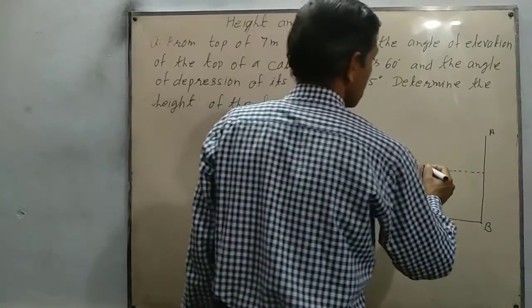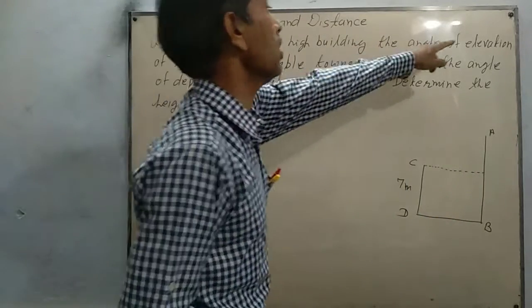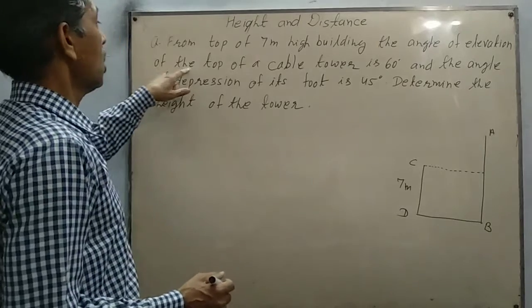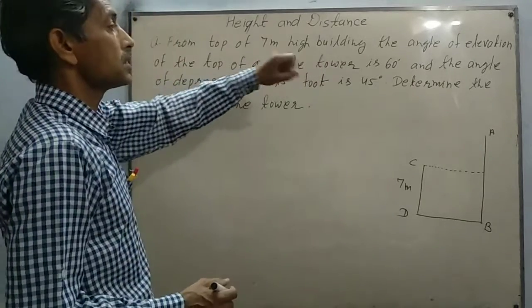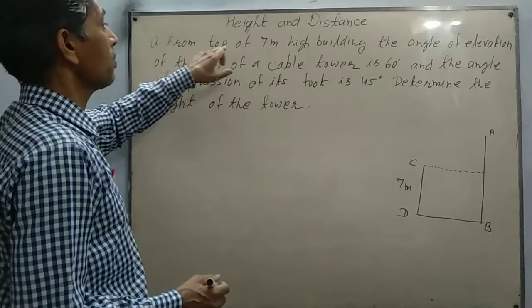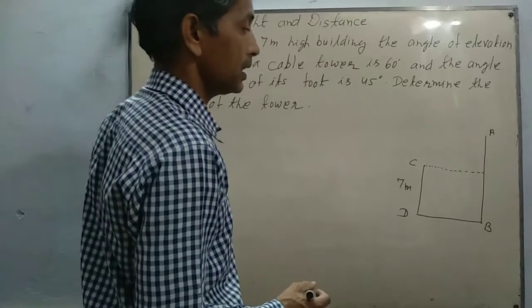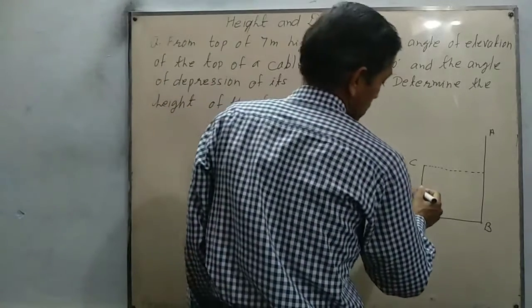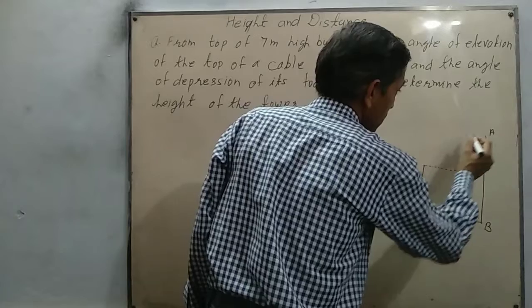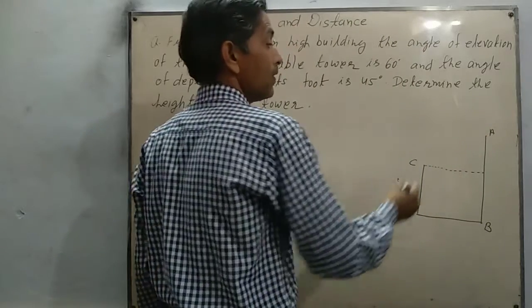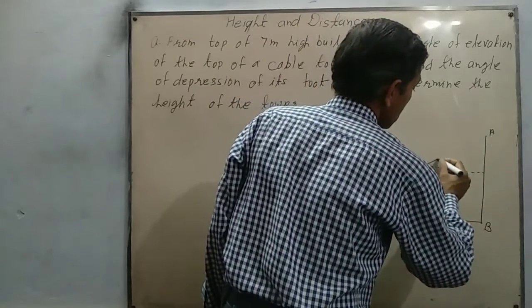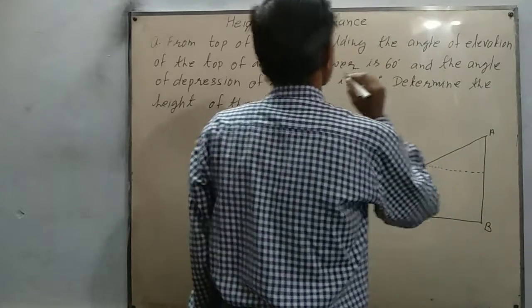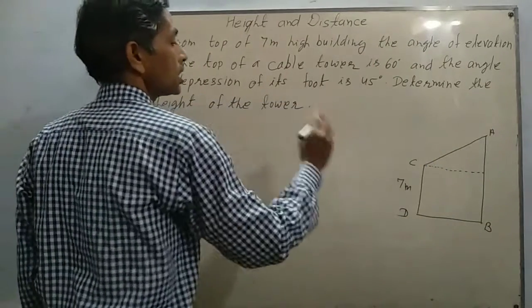The angle of the elevation of the top of the cable tower is 60 degree from top of 7 meter height building. 7 meter height building के टॉप से elevation angle of cable tower is 60 degree.